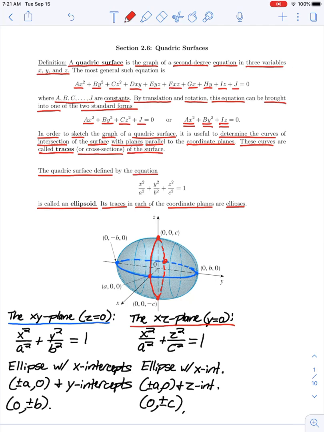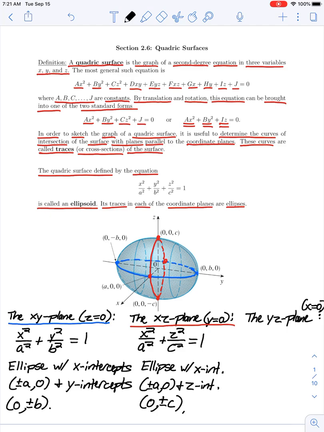So looking at our trace in the last coordinate plane, that is the yz plane, which would have the equation x equals 0. Let's see what we have.